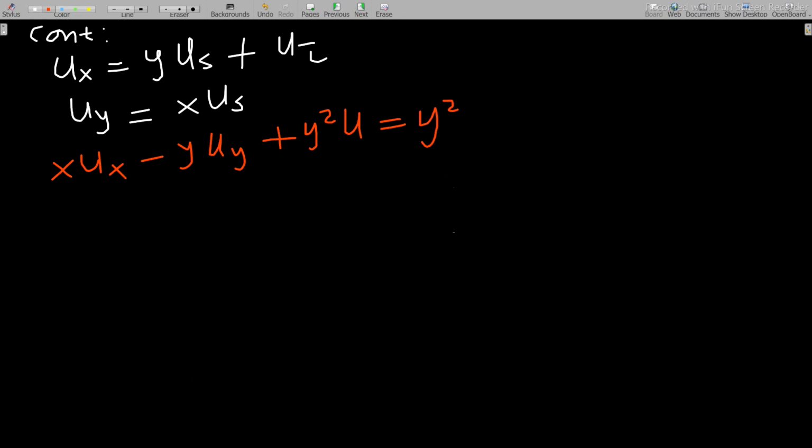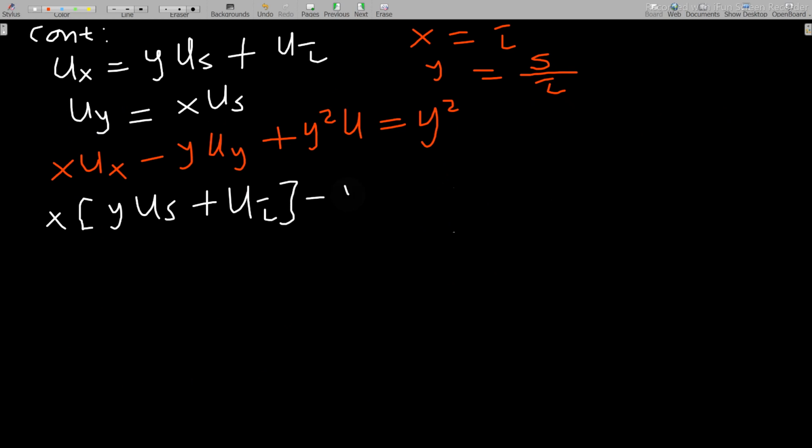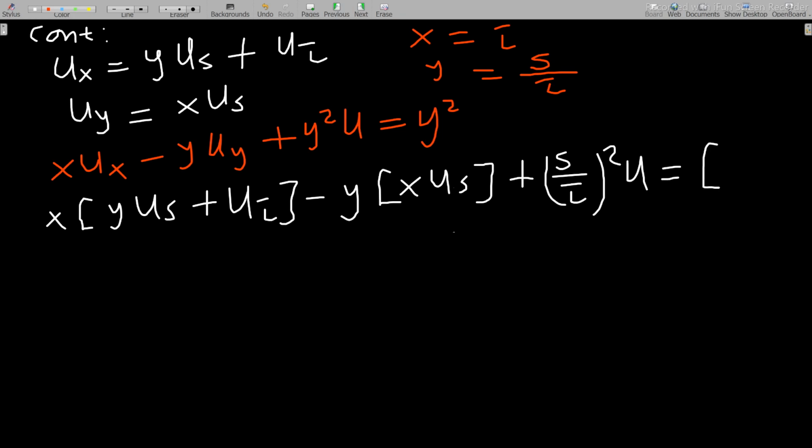So what I do is I know x is equal to tau and y is equal to s over tau. So I just substitute them back in the equation. I have x and ux is what? y us plus u tau, then minus y uy is what? x us, and plus s over tau all squared u. This is equal to s over tau all squared.